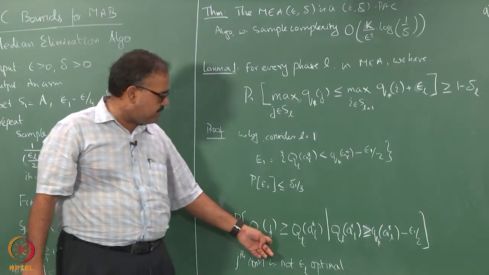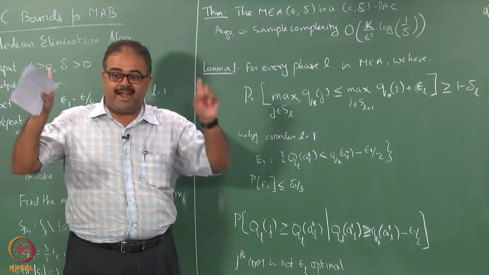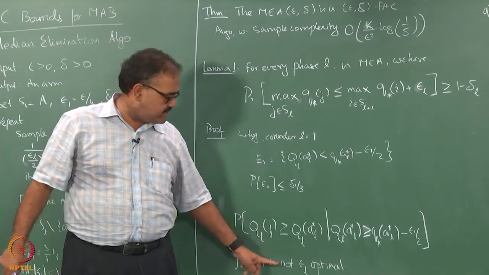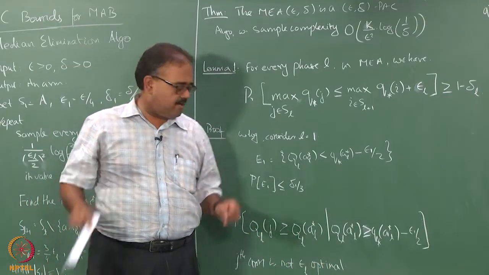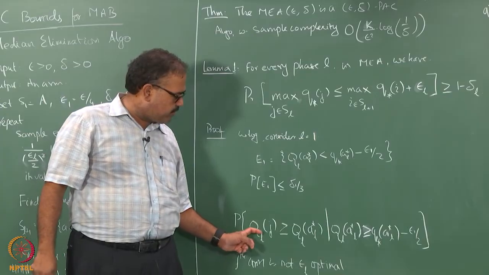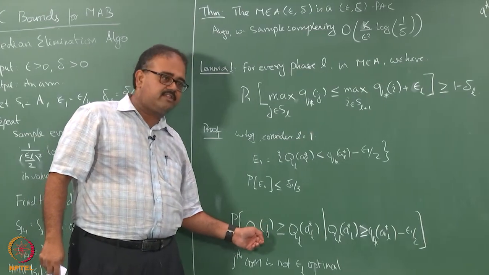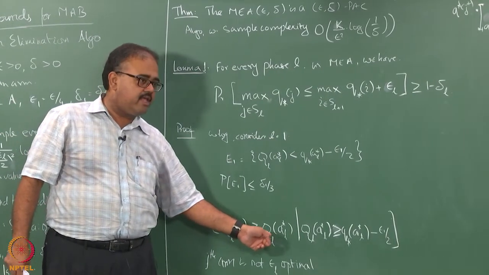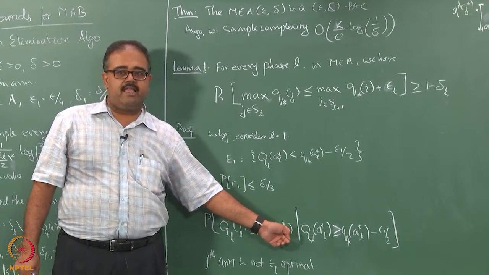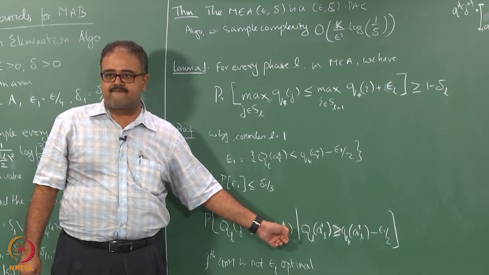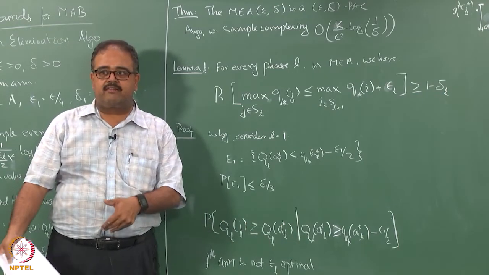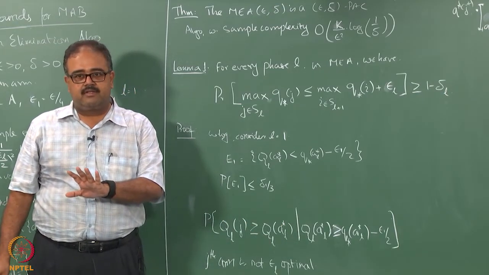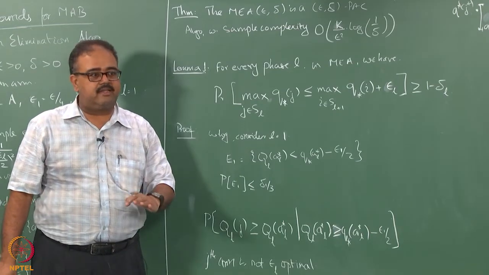But then I take some other arm J, which is a bad arm, bad in the sense that J is not epsilon L close to A star L, and I figure out the probability that the Q estimate for that arm will be greater than the Q estimate for the A star, right. So if this happens, then there is a chance that A star will get eliminated, right, only a chance. Why?